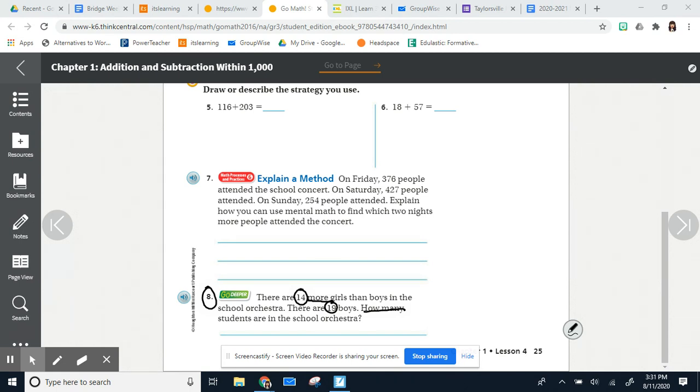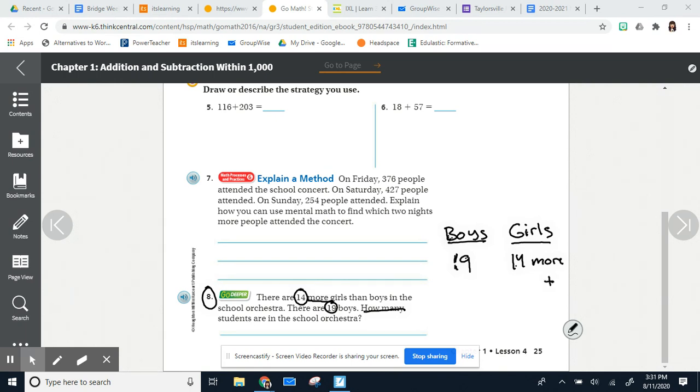And I know that there are 19 boys. Okay, and then girls. So there are 14 more. So when I see that word more, I immediately think what?